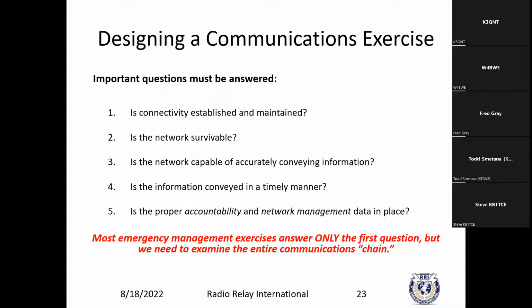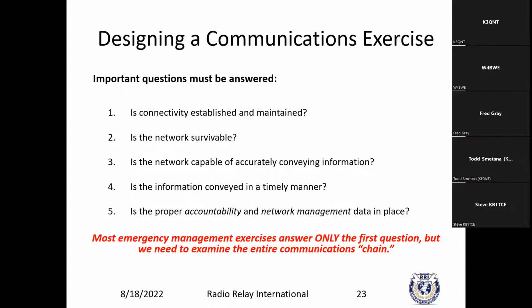Is the network survivable under variable propagation conditions? So another thing we did during the Cascadia Rising exercise is we selected 3 different time periods, okay, to determine whether or not communications could be maintained under 3 different sets of propagation conditions: midday, during, say, maximum solar absorption, early morning and evening, so that the networks would have to confront a variety of propagation conditions.